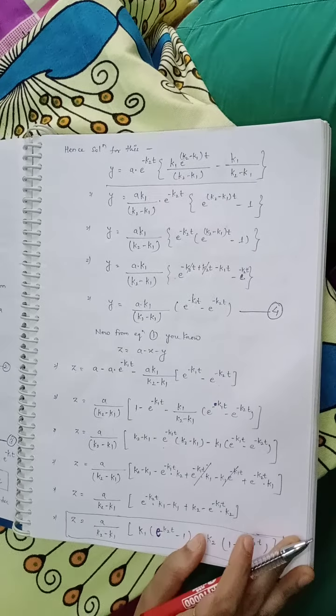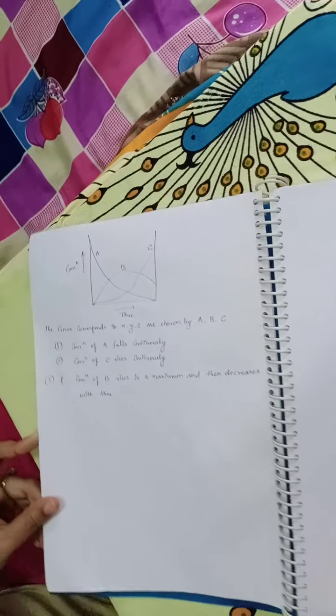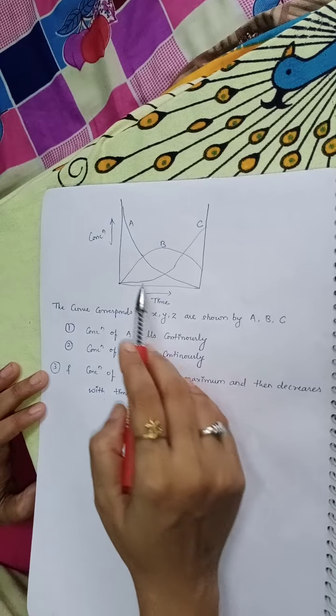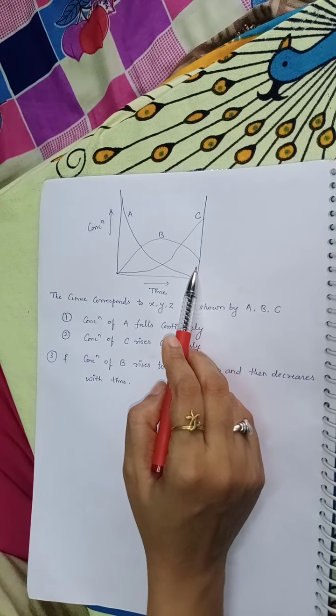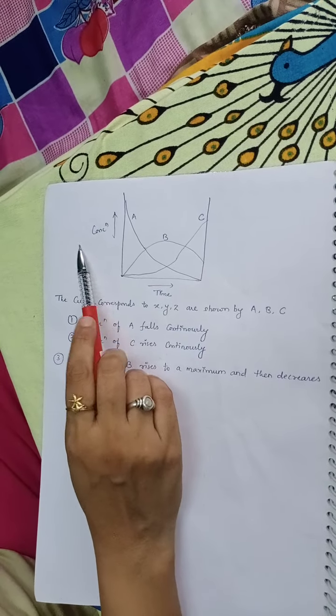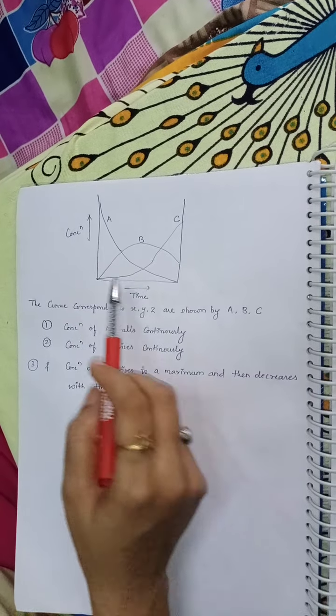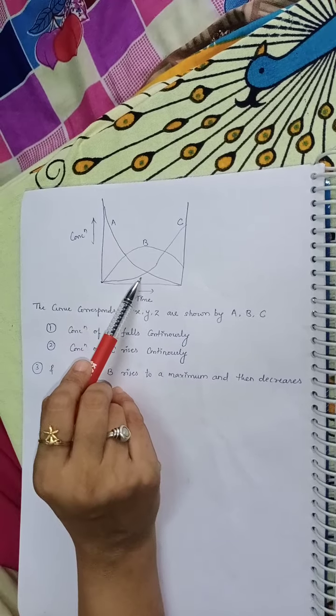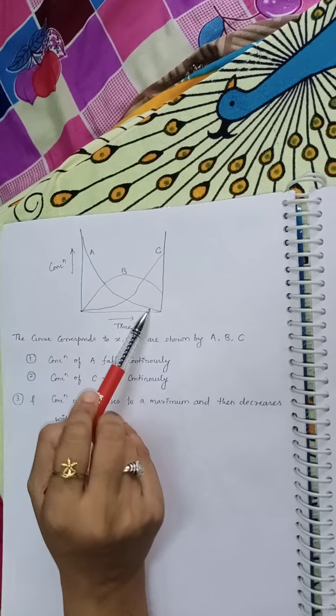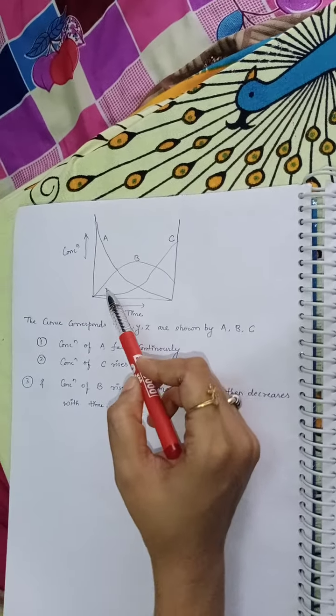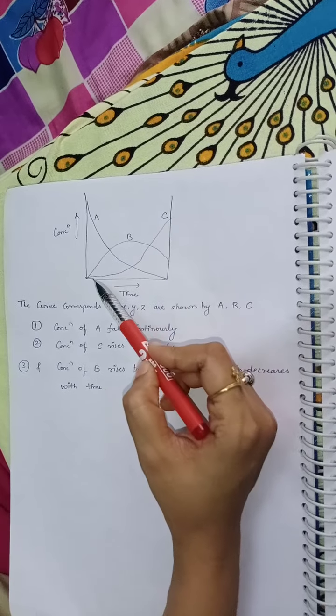Now I'll tell you something through a graph. This is the curve where we have plotted concentration against time. Through this you can understand that the concentration of A is falling continuously, and the concentration of C is rising continuously.